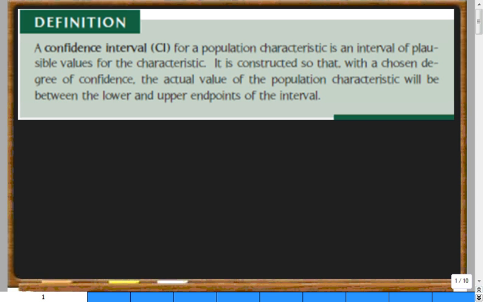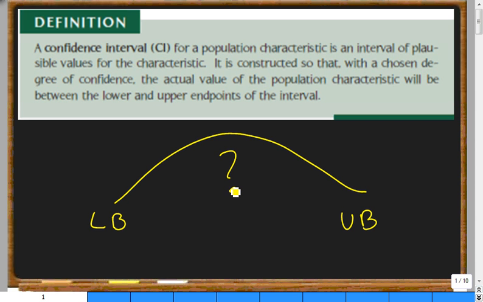But basically, an interval, again, is a lower bound and an upper bound. And we're trying to capture a certain area of data. So how confident do we want to be?